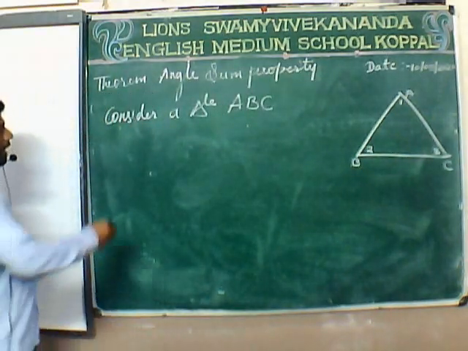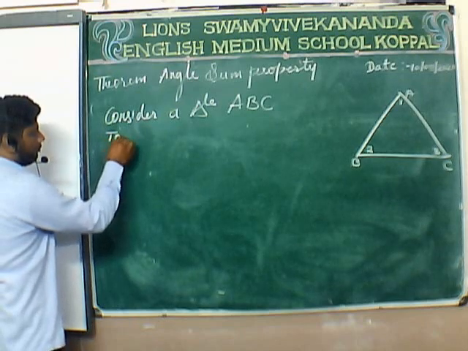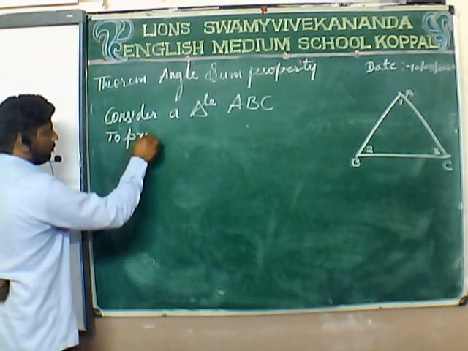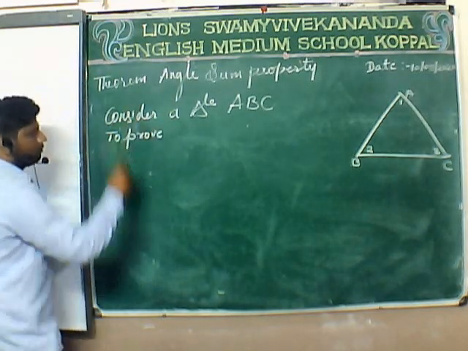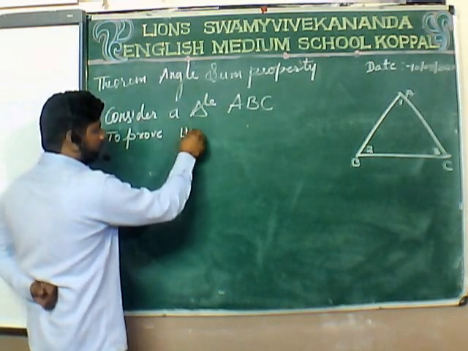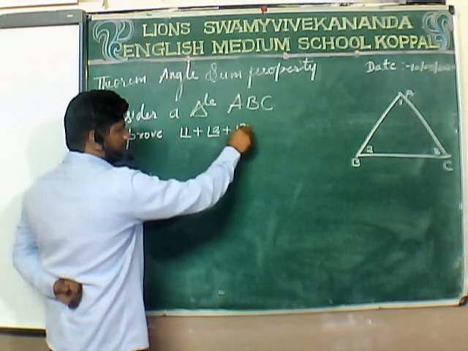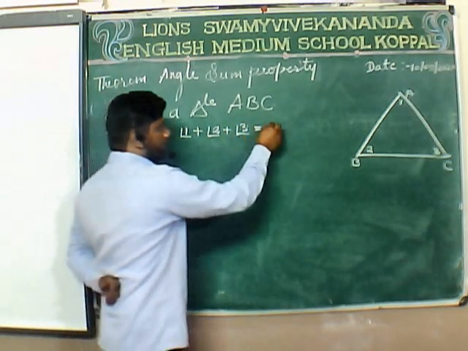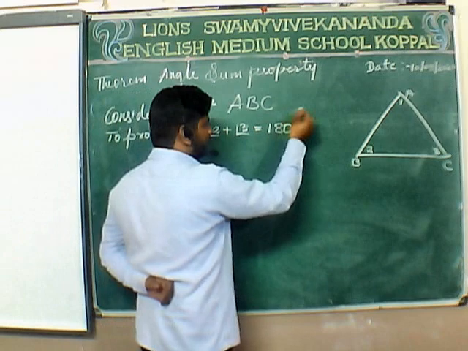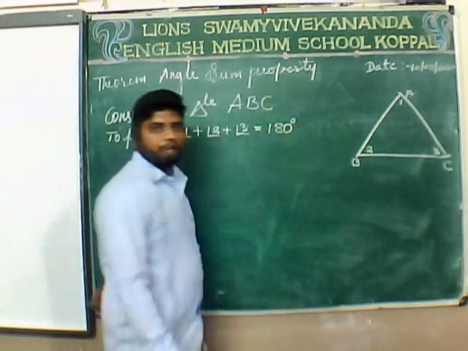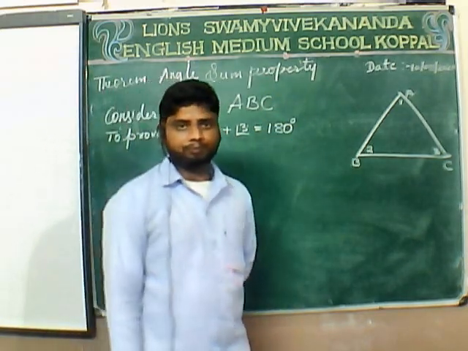So now here what we have to prove? To prove angle 1 plus angle 2 plus angle 3 is equals to 180 degrees. We have to prove this here.